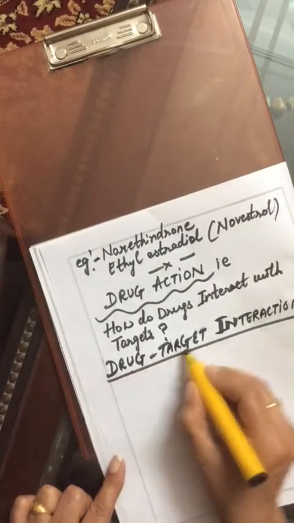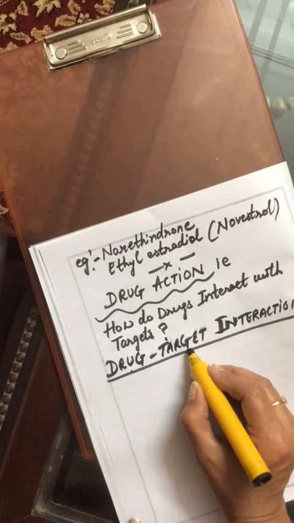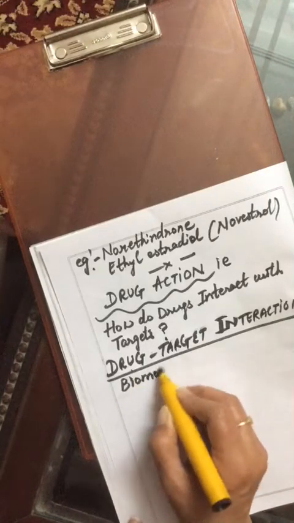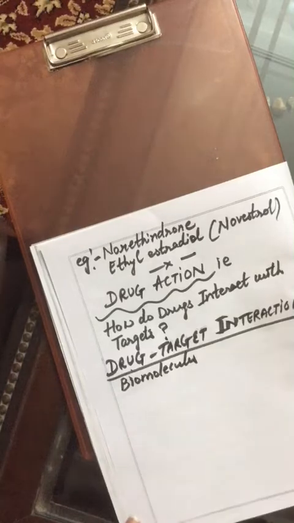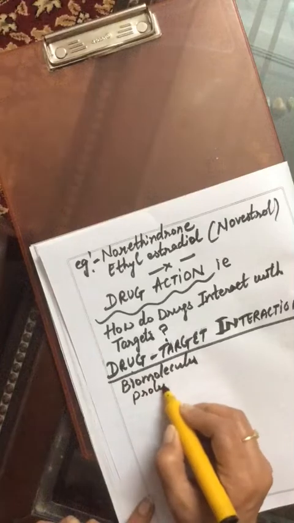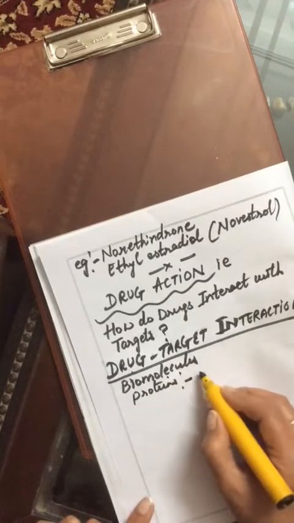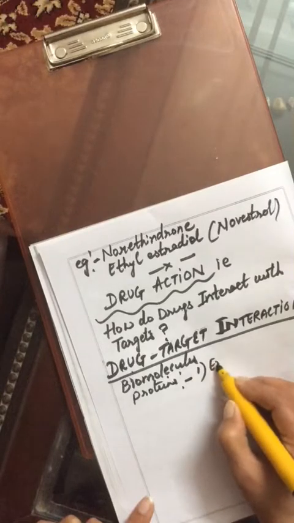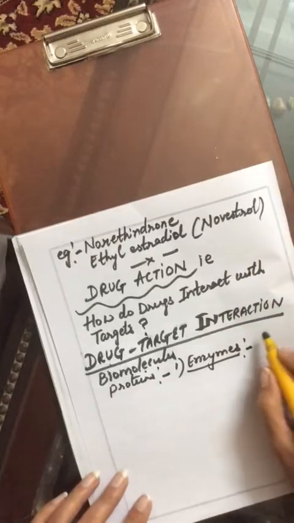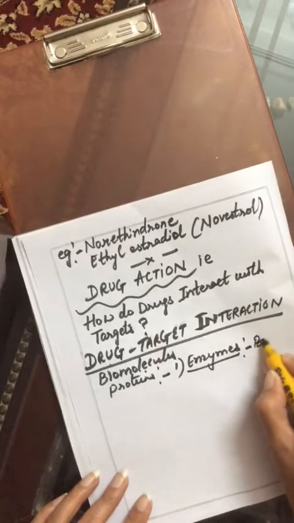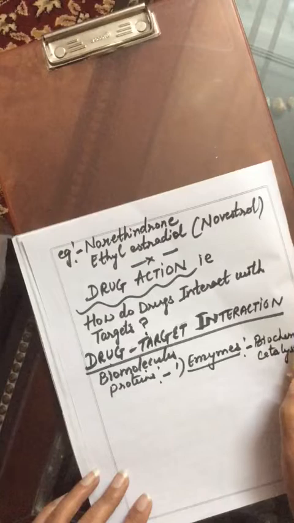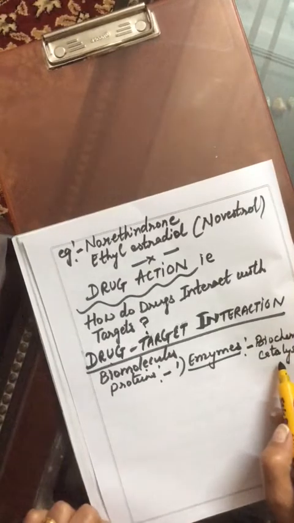That is, when drugs and biomolecules interact, what will happen? Biomolecules are the targets, and they perform different functions in our body. Proteins are of different types. One example of proteins is enzymes, which are biochemical catalysts. They catalyze the biochemical reactions.